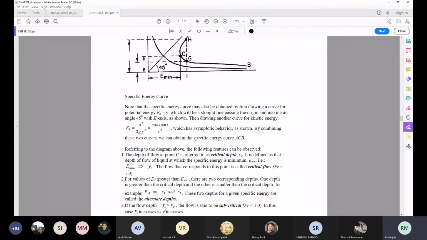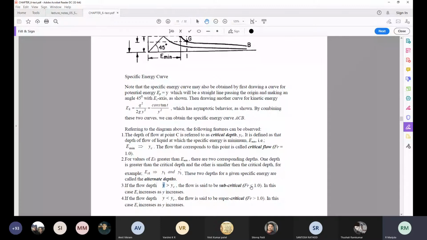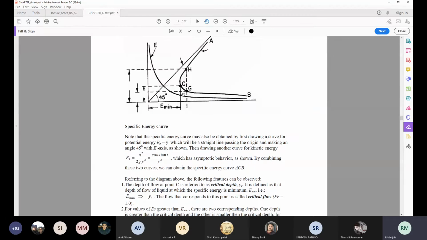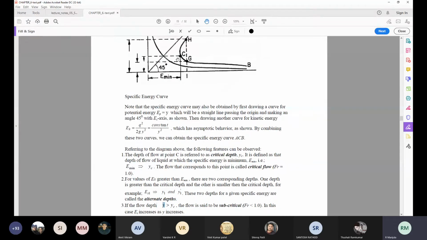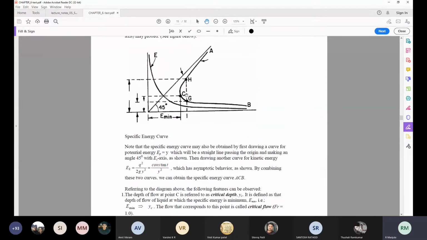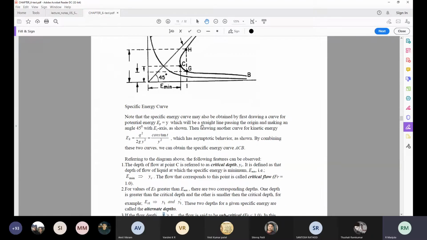This flow is called subcritical flow, or the Froude number is less than 1. In this case the specific energy increases as Y increases. When Y is getting increased, the specific energy is also increasing.